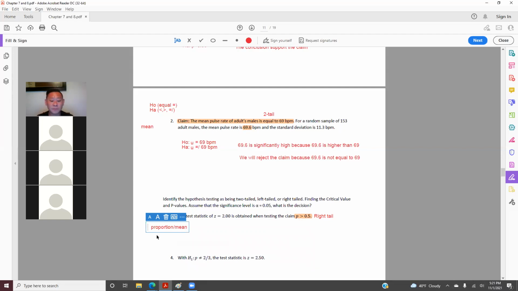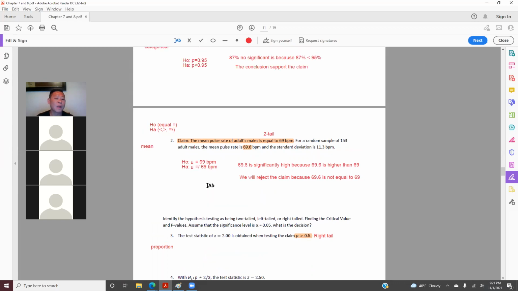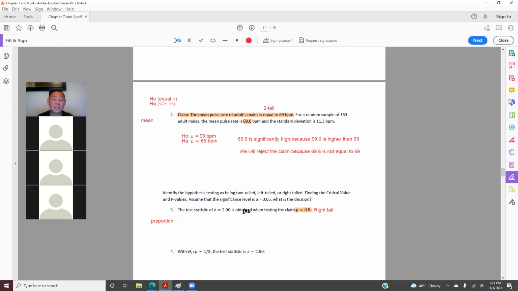Wouldn't it be a proportion because it's 0.5? Proportion is correct, not because of 0.5, it's because of the letter P that we use here. P stands for proportion, mu stands for mean. So if you see me using P, it means proportion.